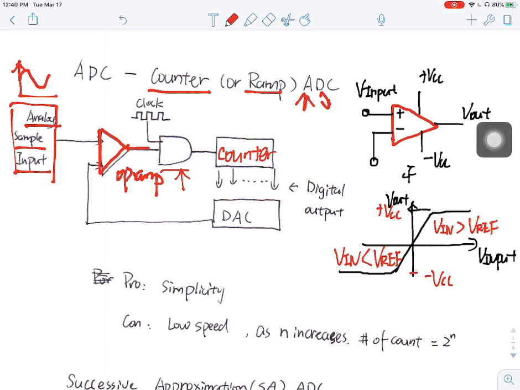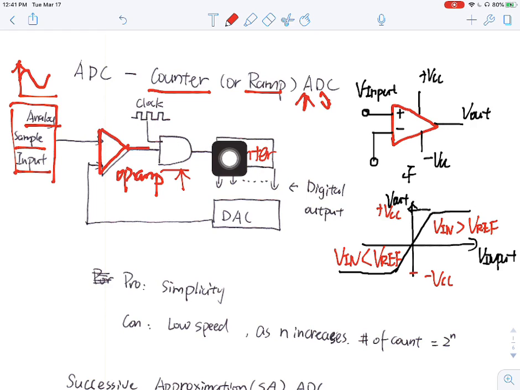And what this counter does is it counts how many times this signal goes through this counter. And it counts from 0, all the way to a number that is larger than this input analog signal.